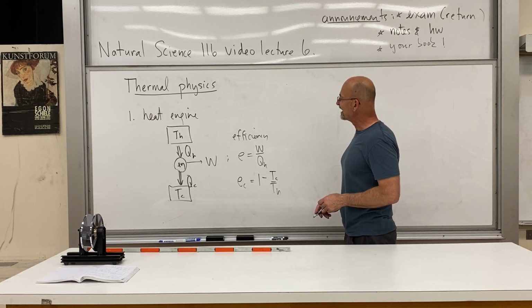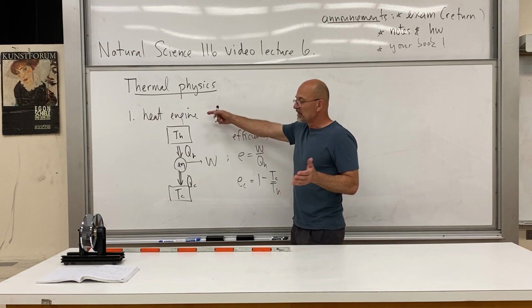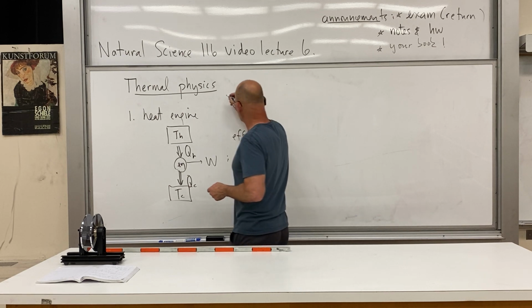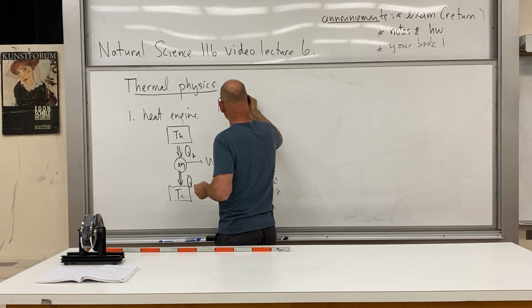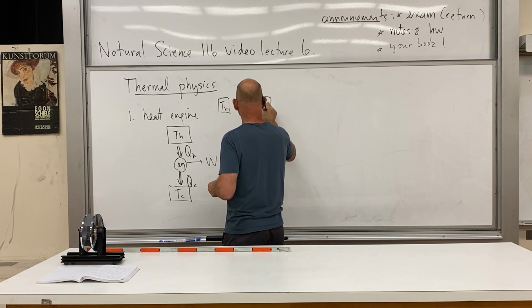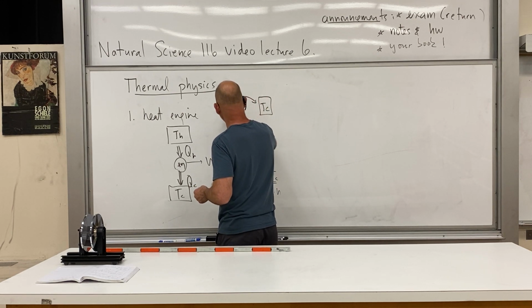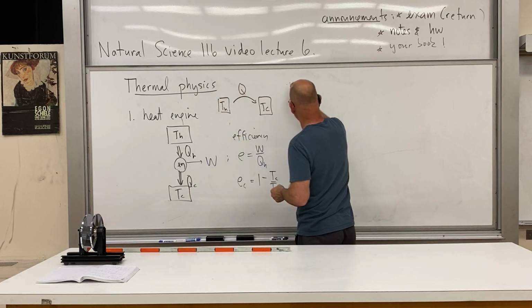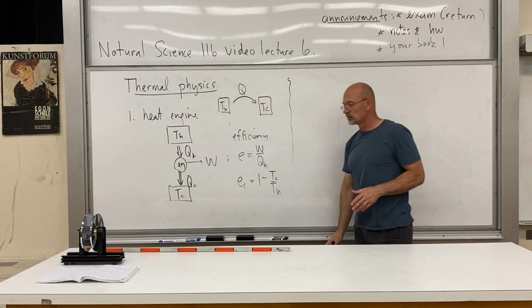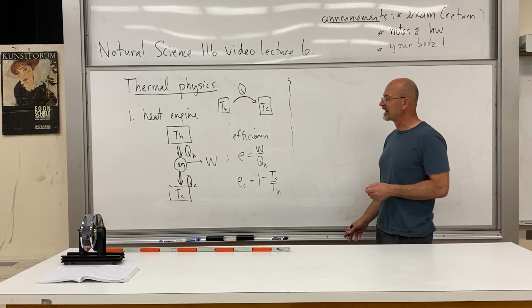Okay, so that's the heat engine, and the principle behind all of this is that energy flows from higher to lower temperatures. That's my TH here, my TC here, and my Q. So that's that cartoon. That's the really abstract summary of the heat engine discussion.